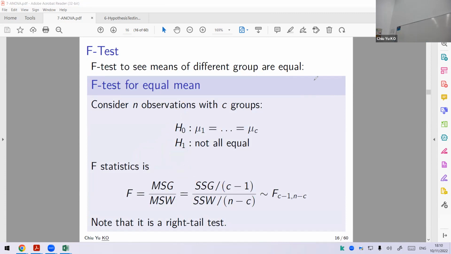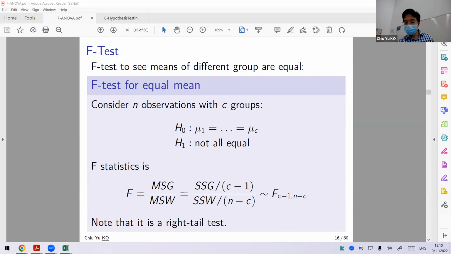MS is talking about each group mean to the overall mean. Between group is the group difference. SSW is within the group, whether the group differs from itself.